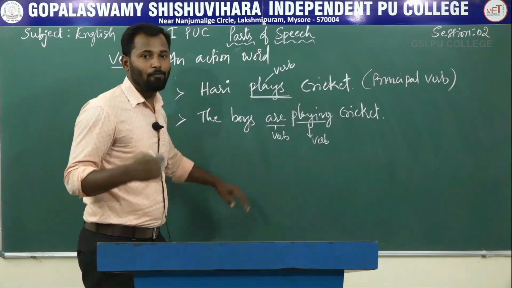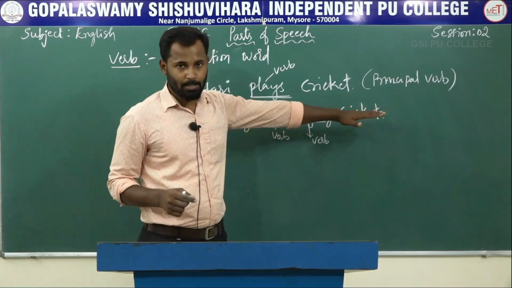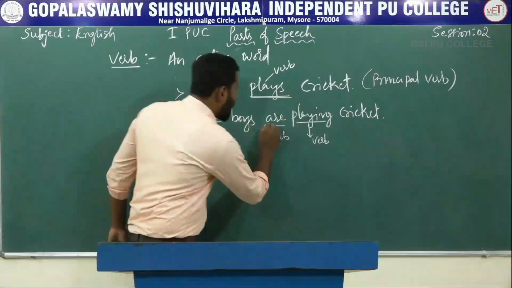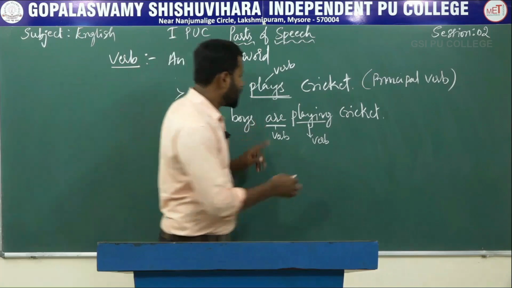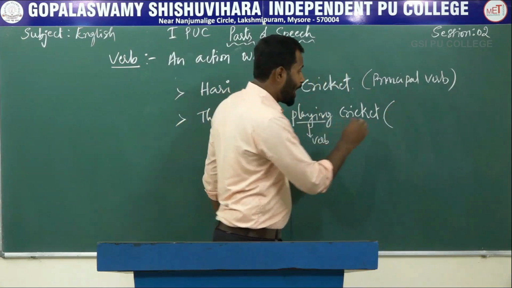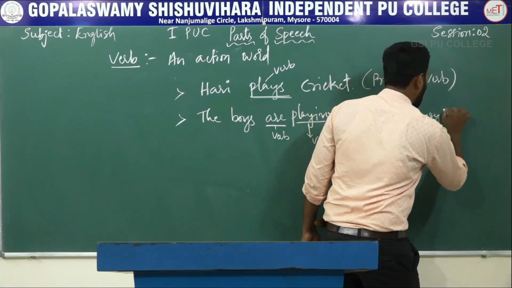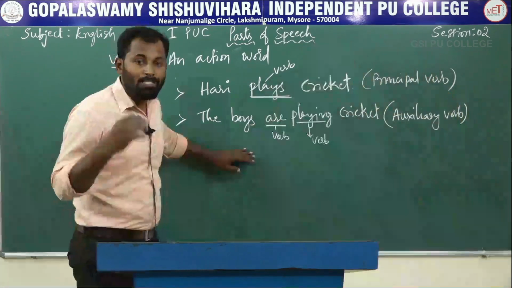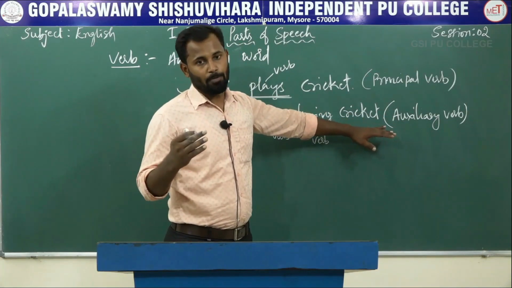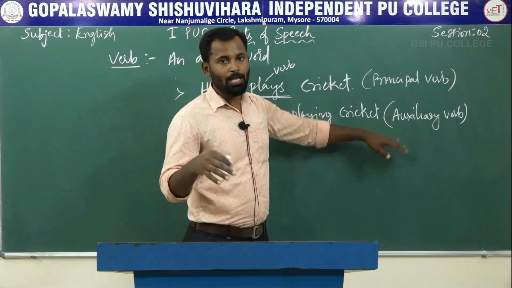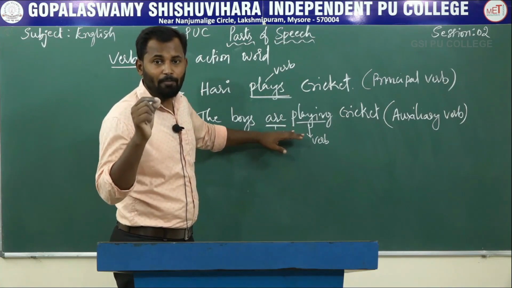Next, what is the other verb? In the second sentence, you have the boys are playing cricket. You have two verbs. The word are is also a verb. But what type of verb is it? The word are is an auxiliary verb. So what is an auxiliary verb? An auxiliary verb is also known as helping verb. And in every sentence there should be a verb.